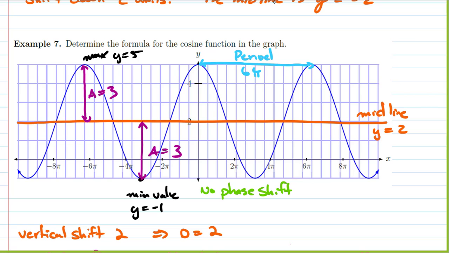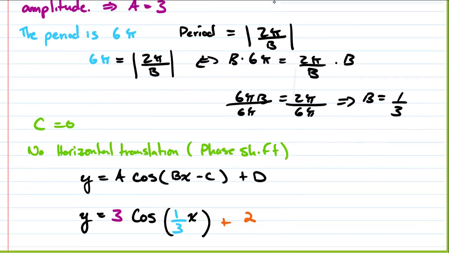We found the amplitude, and then we found the period by finding when the wave started to repeat itself and used our formula that the period is equal to the absolute value of 2 pi divided by b, solved for b. In this example, there was no horizontal shifting, but we would have to know that the horizontal shift would be that we know cosine of 0 gives us 1, or the maximum value, and then we would have to figure out, did we go right or left from that point.